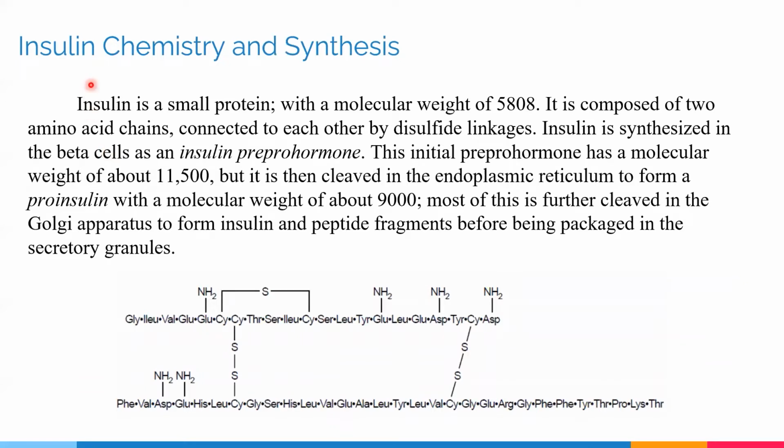Next, let us look into the chemistry of the insulin molecule and its synthesis. Insulin is a small protein with a molecular weight of only 5808. It is composed of two amino acid chains connected to each other by disulfide linkages. Insulin is synthesized in the beta cells as an insulin pre-pro hormone.